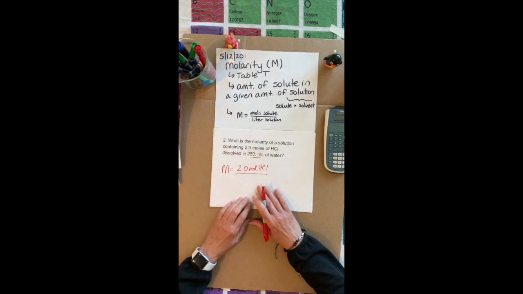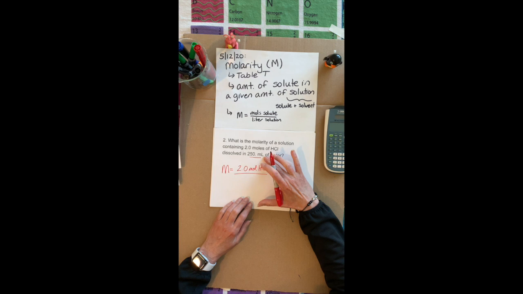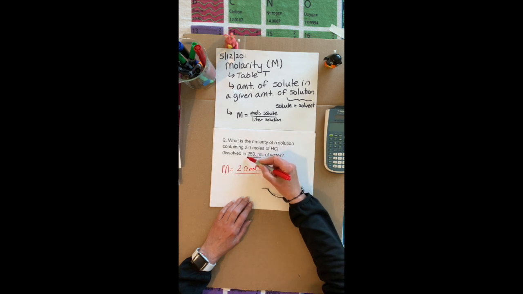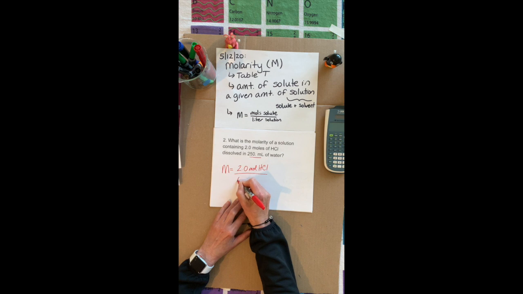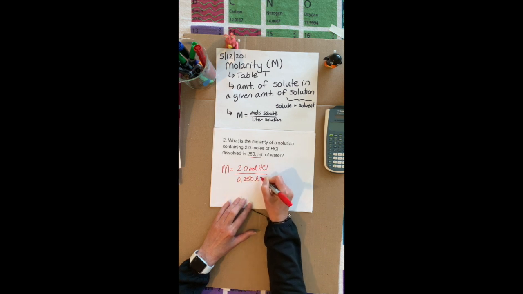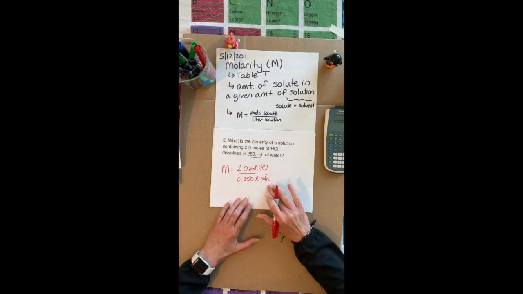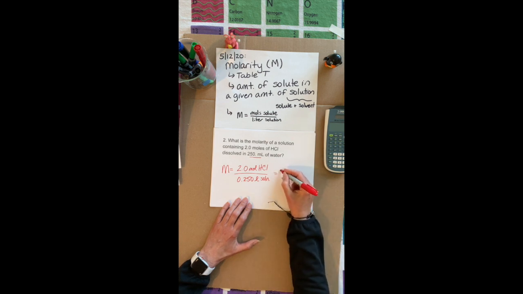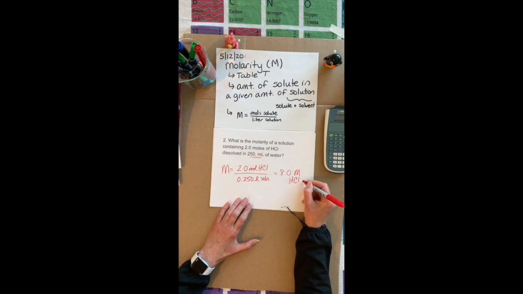So we actually need to convert these milliliters to liters. And if you recall, there are 1,000 milliliters in 1 liter. So if we divide that by 1,000, we get 0.250 liters of solution. So you need to plug that in there. And we solve and get 8.0 molar HCl.